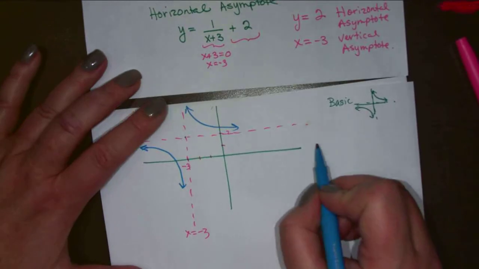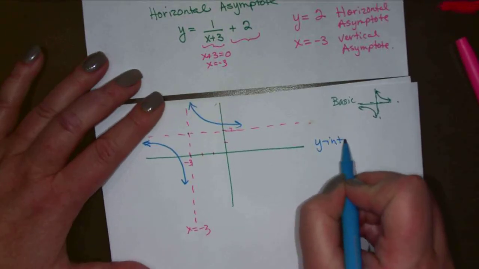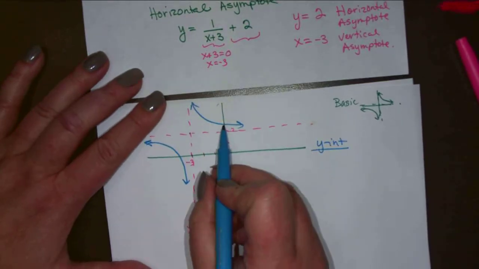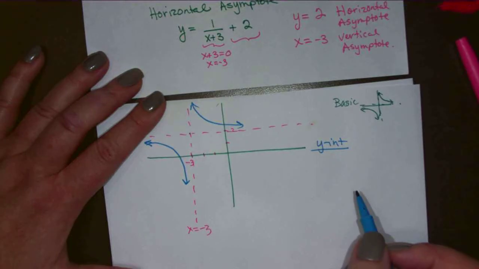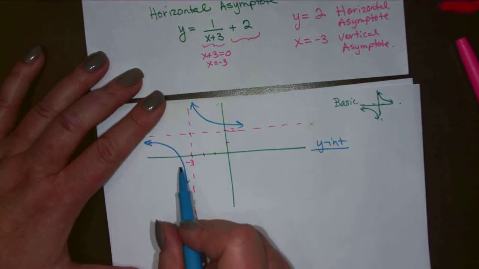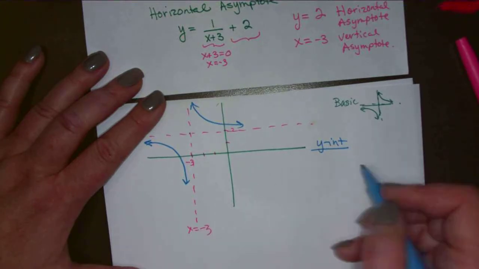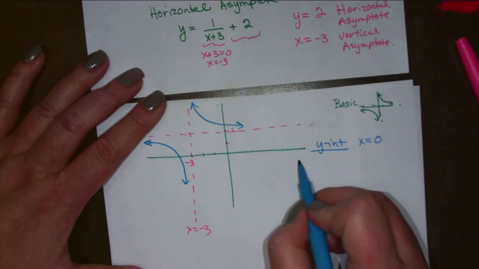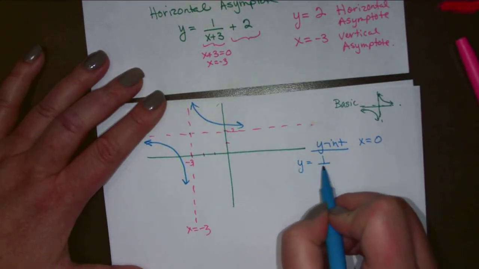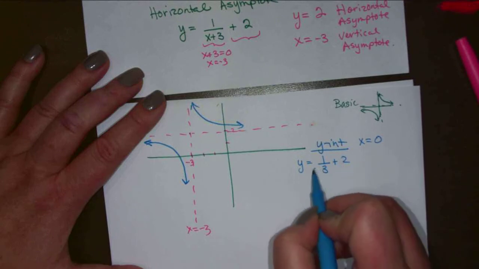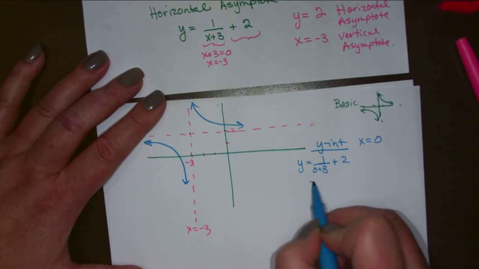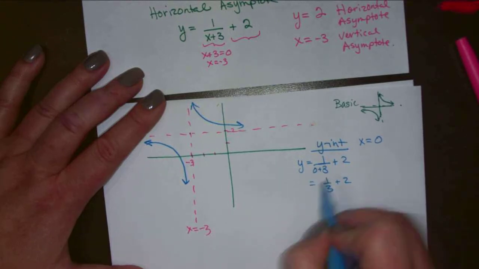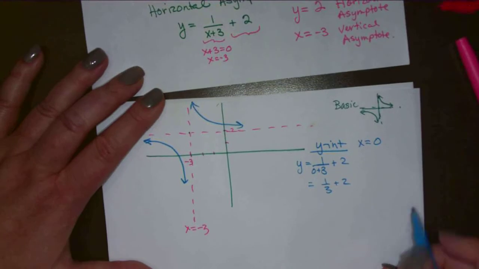So our y-intercept, do we have a y-intercept? Yeah, right up there. And where's our x-intercept? Right down here. So y-intercept, let x equal 0. 1 over 0 plus 3 plus 2. How would we solve that? Common denominator.